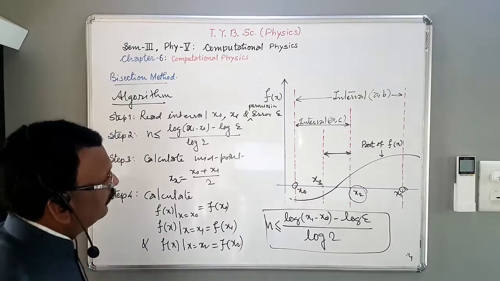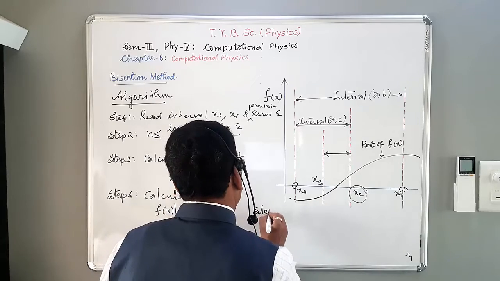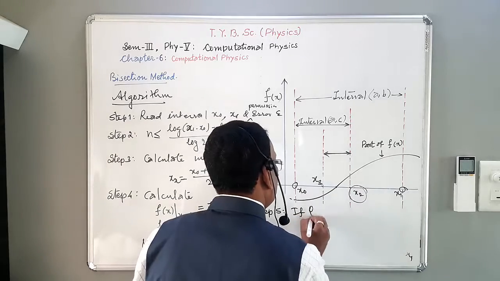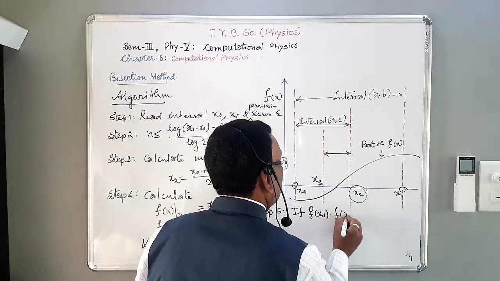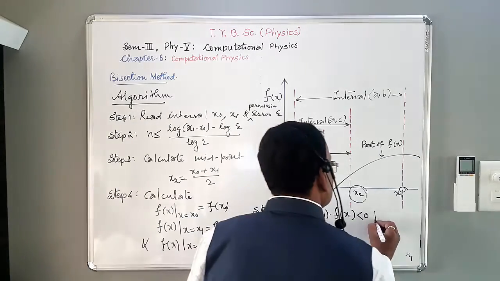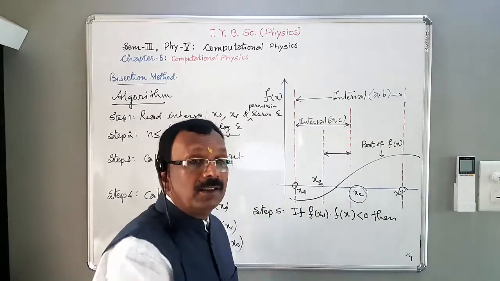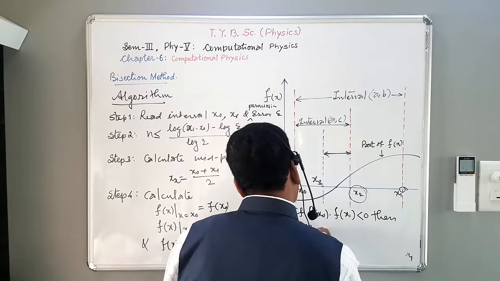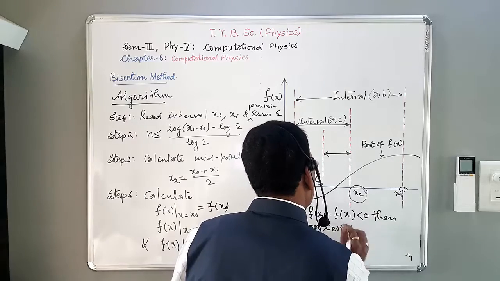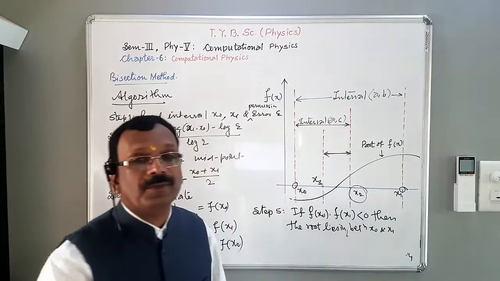So in the next step 5, we check: if f of x0 into f of x1 is less than 0, then the root lies in between x0 and x1.